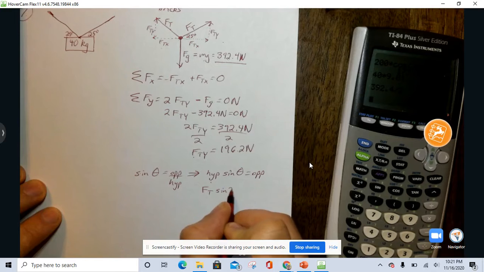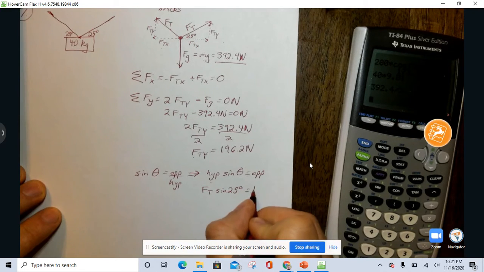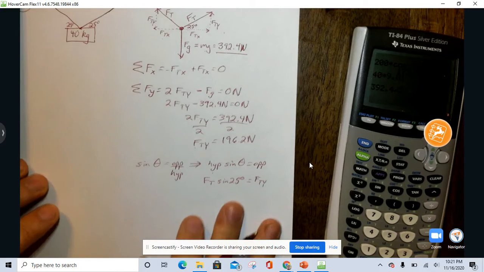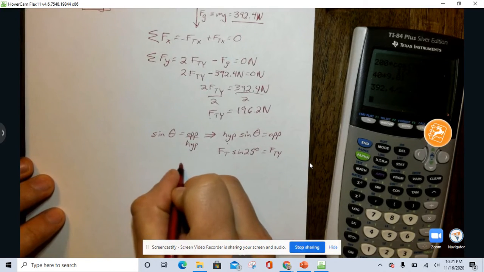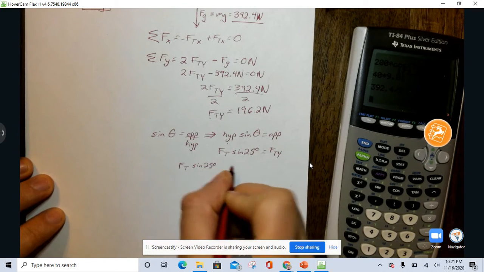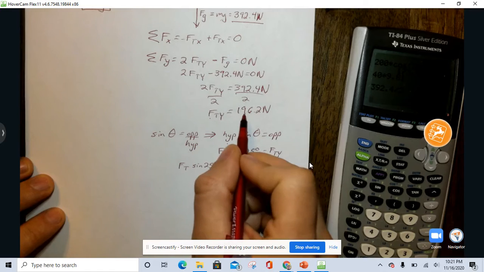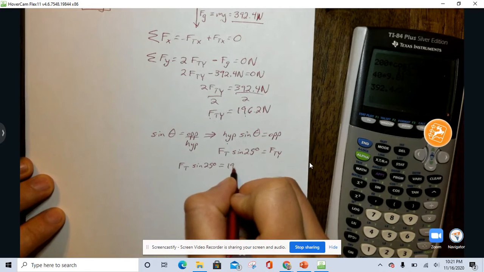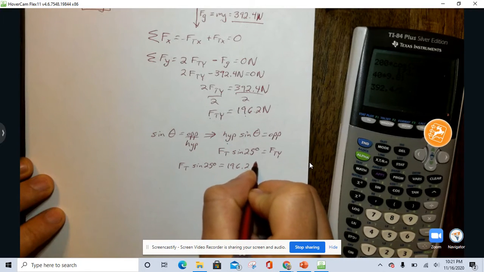So in this case, our hypotenuse here is FT. We've got sine of 25, and that's going to equal FTY. So I can replace FTY with this, and I get FT sine of 25 degrees equals 196.2 newtons.